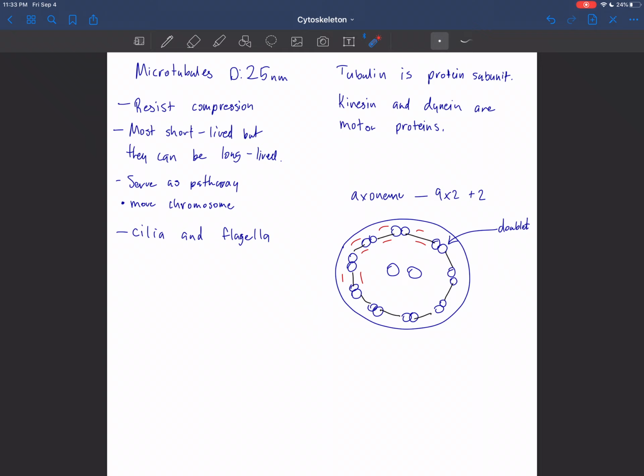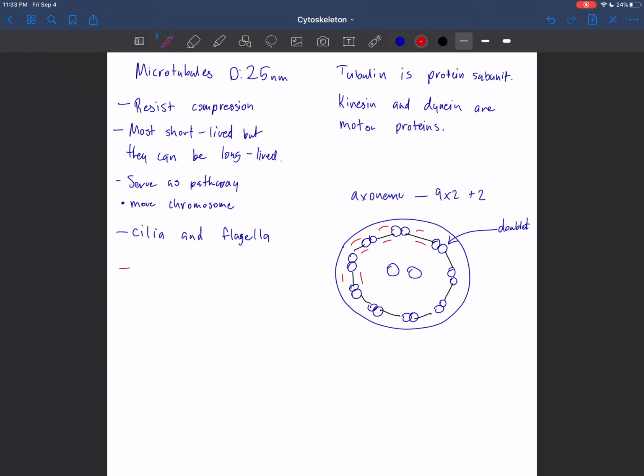I'm sure you've seen videos of a sperm cell moving. It's dynein that causes that movement. In this 9 times 2 plus 2, there are 9 doublets, plus 2 single microtubules in the center.